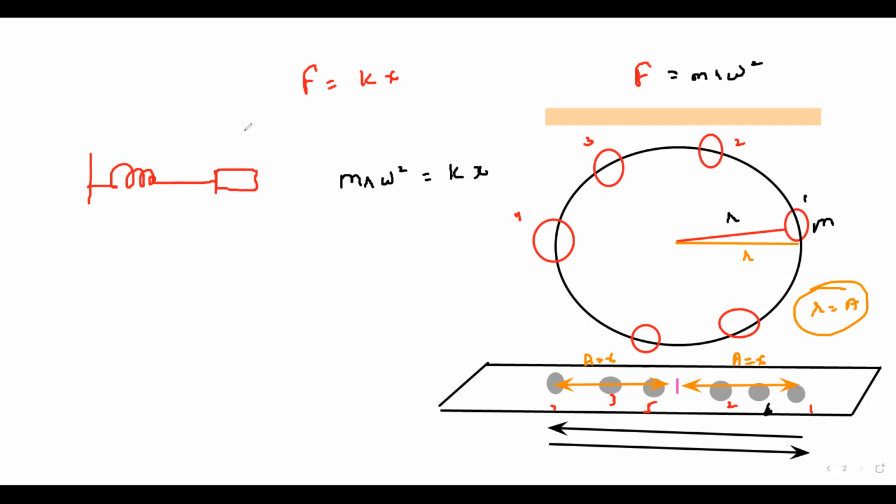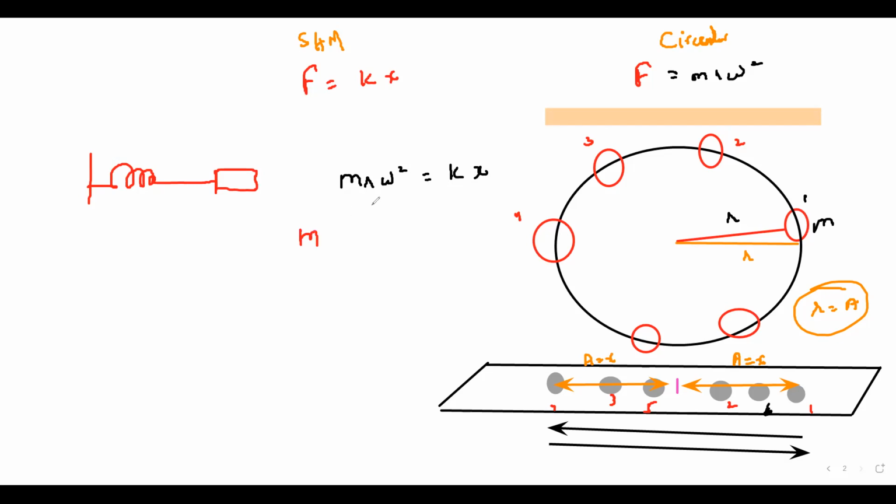So when an object is moving in a circular path, its projection is performing a simple harmonic motion. We want to find a combined formula for this. The force in a circular motion is m r omega square, and for an object attached with a spring or a wire, F is equal to kx.